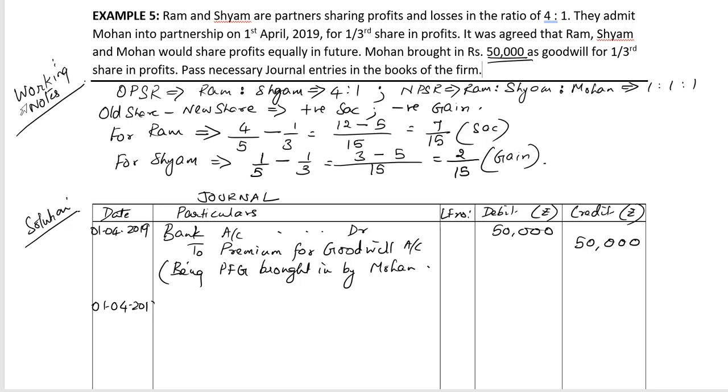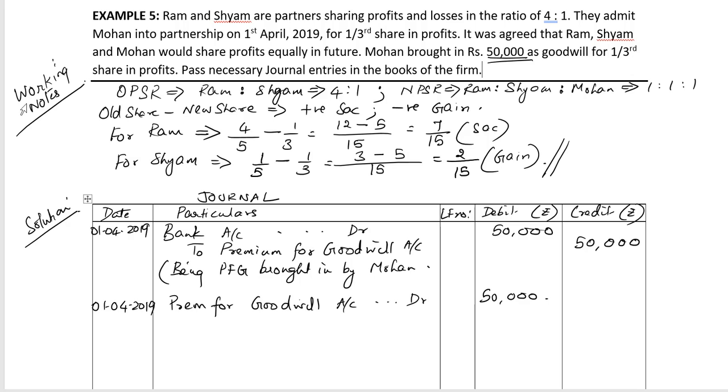Same date. Let's debit premium for Goodwill ₹50,000. Now, if we see here, there is an existing partner, Shyam, who has gained.